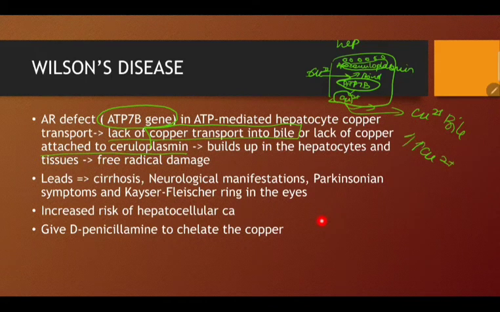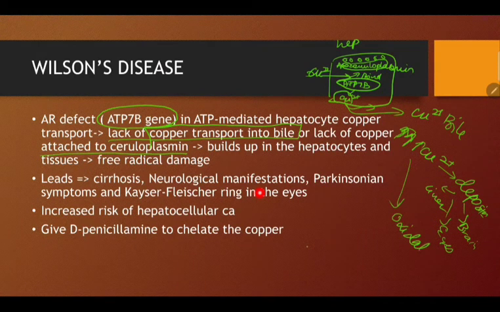Increased levels of copper lead to deposition into the liver, the brain, and the eyes. And it also leads to oxidative damage. Free radicals are produced and lead to oxidative damage.